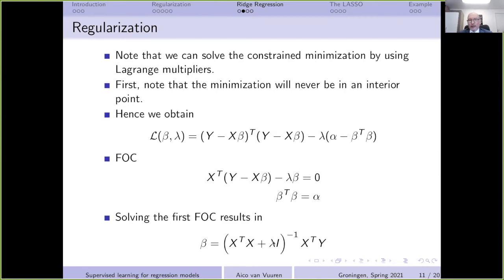But if lambda is large enough, then this thing can still be calculated, even in the case that we have more regressors than observations. So in ridge regression, we can have a situation in which the number of regressors is more than the number of observations.